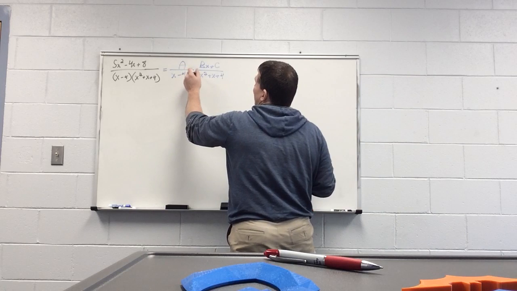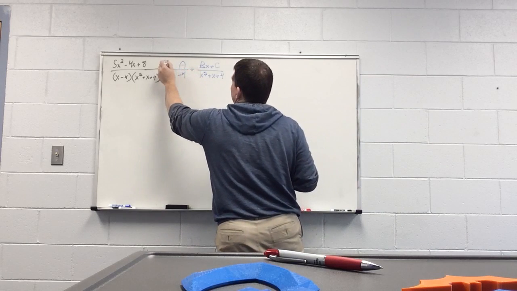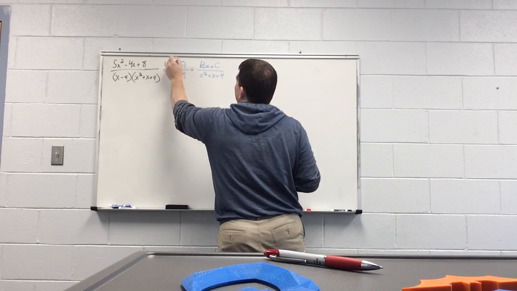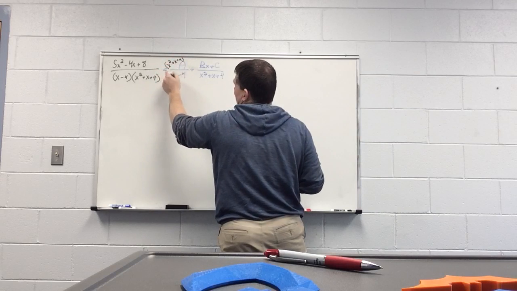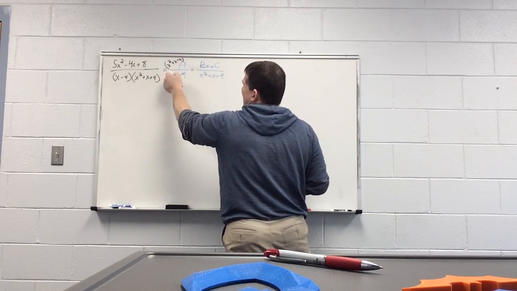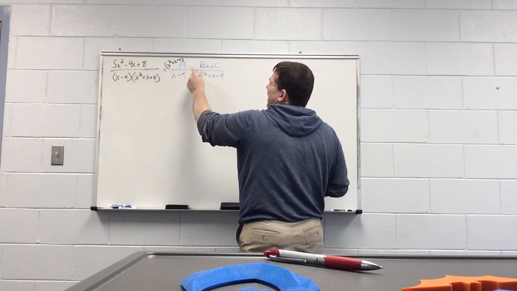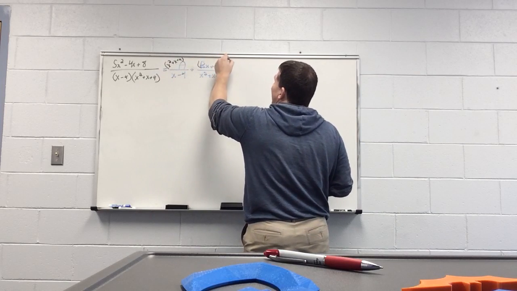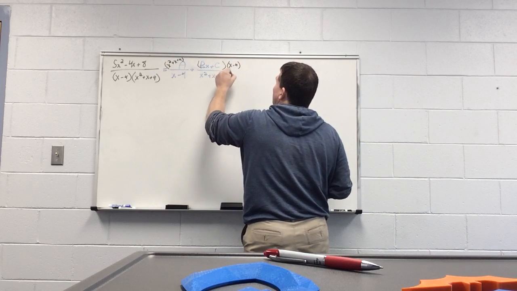But now I do the exact same setup as before. I find my common denominator, and because it'll be a little bit messy, maybe I can do it over here. X squared plus x plus 4 gets multiplied on top and bottom. This is going to be too messy to write on the bottom, but we understand. Write it in both places. And then x minus 4 here.